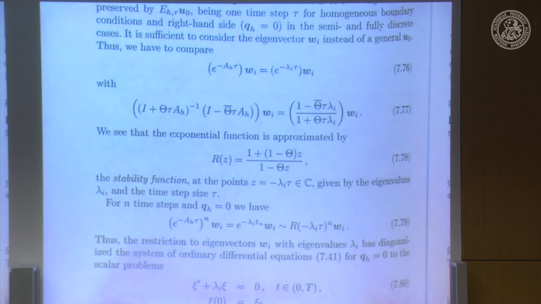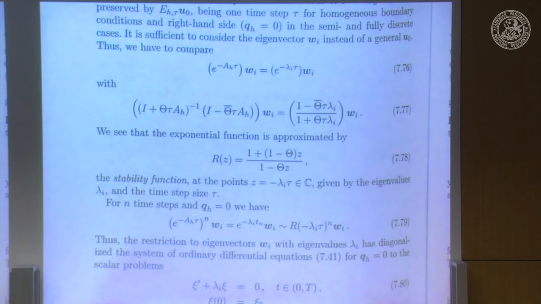So one could also say it is sufficient to look at this scalar linear equation, which is sometimes called the model problem, and to see what our time discretization does with this equation. Then we are, so to speak, directly at the level where the lambda I appears.